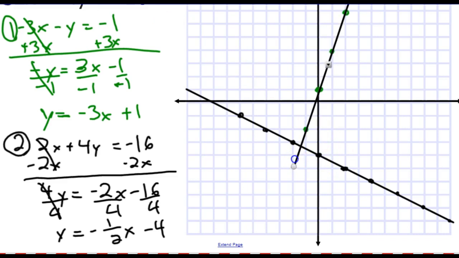Now if we make this line straighter, our solution looks to be right here in the middle. And that looks to be about negative 1.5 and about negative 1, 2, 3.5. So our solution is negative 1.5, negative 3.5.